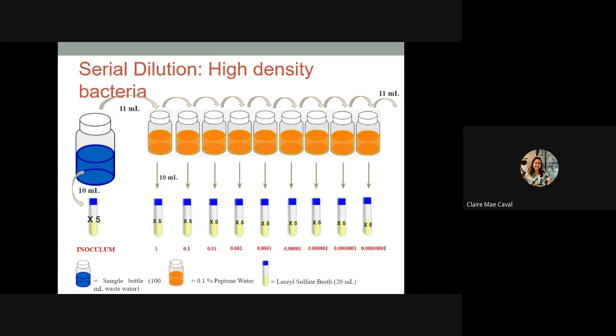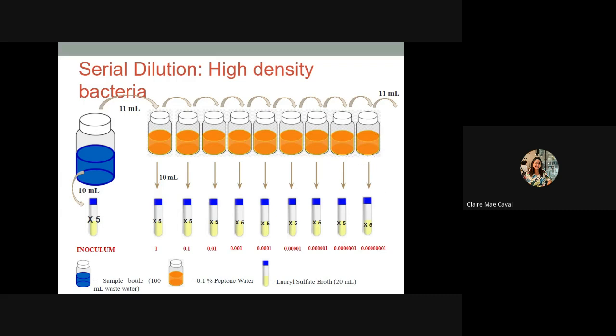Again, all in all, 50 yung lauryl sulfate broth. Let's count 5, 10, 15, 20, 25, 30, 35, 40, 45, 50. Yung peptone water, that's total of 9. 1, 2, 3, 4, 5, 6, 7, 8, 9. Okay?